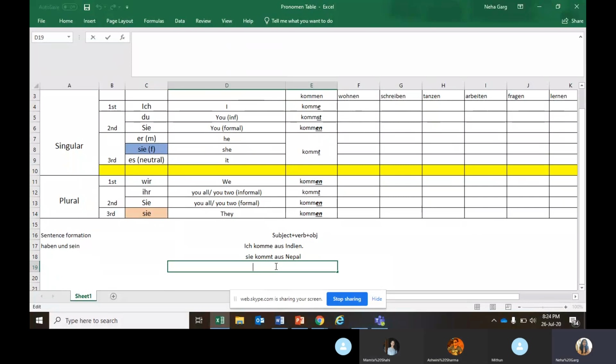I am saying to Mithun that Aishwarya and Ashwini, they come from India. Sie kommen aus Indien. So here the conjugation is different.